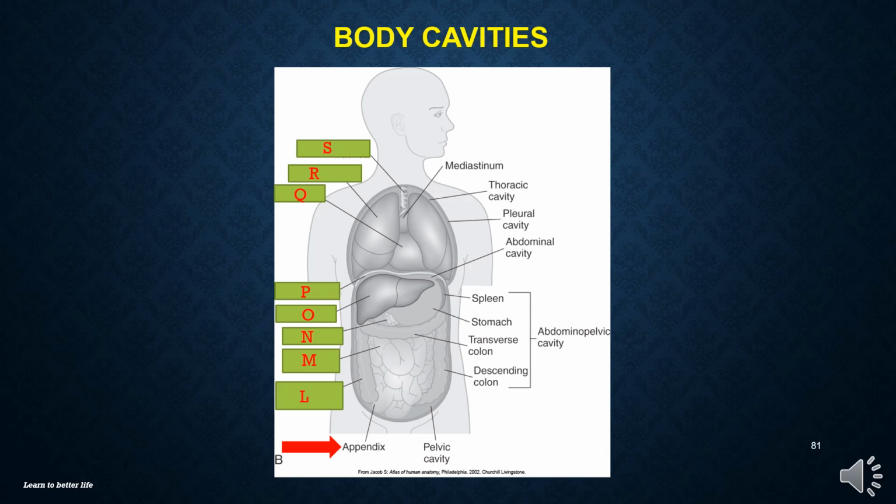K is the appendix. L is the ascending colon. M is the small intestine. N is the pancreas.